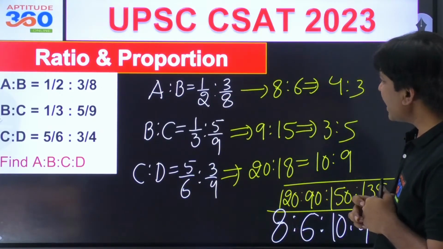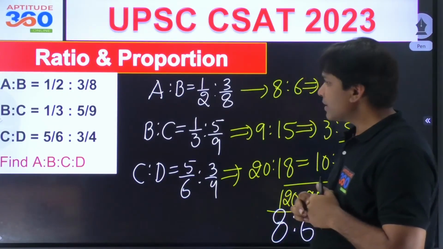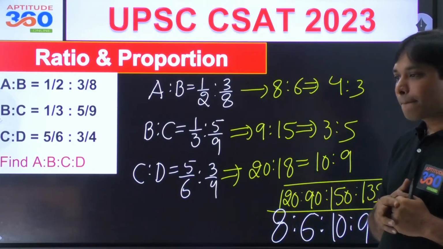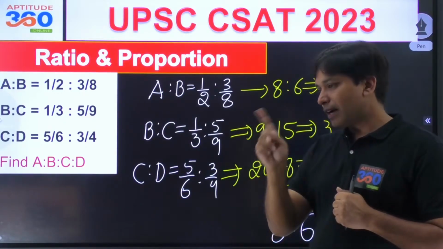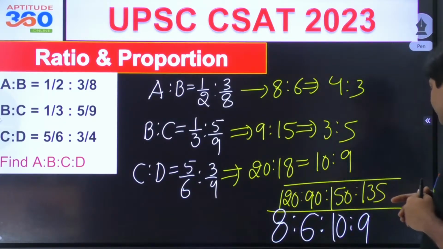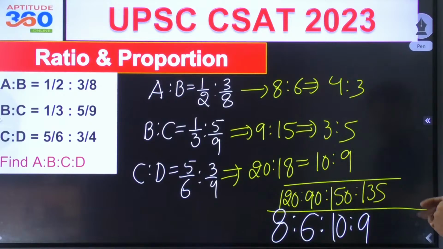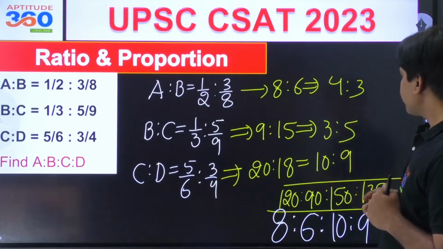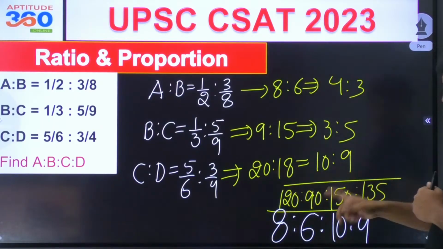A, B, C, D है ना? Did I make a mistake here? Sandarbh is getting 4, 3, 5, 2. 5, 2 कैसे? 8, 6, 10, 9.